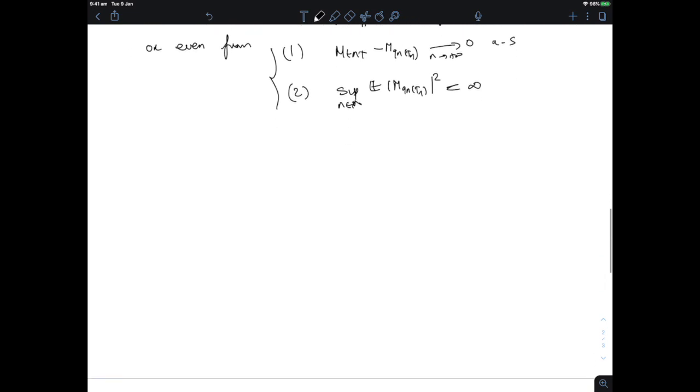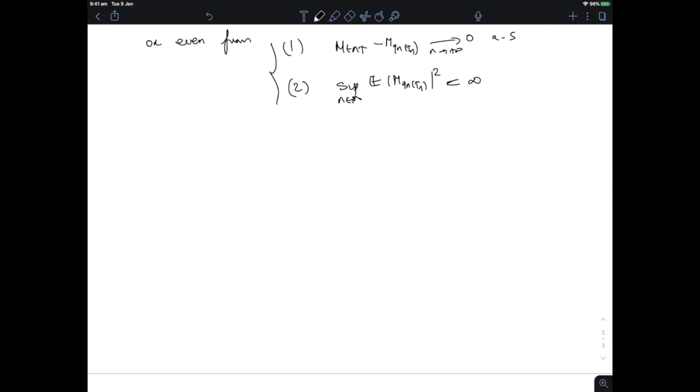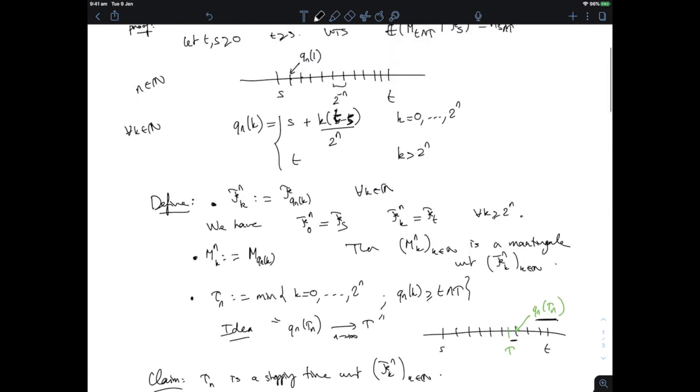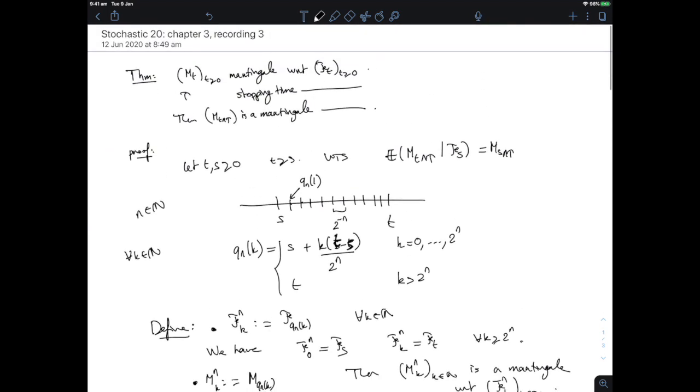Let's start with the almost sure convergence. So one follows from continuity, or almost sure continuity, of the martingale. We're only looking at a continuous martingale in this theorem. I realize I forgot to put that when I rewrote the statement of the theorem here. It's extremely important, but it is in the notes.